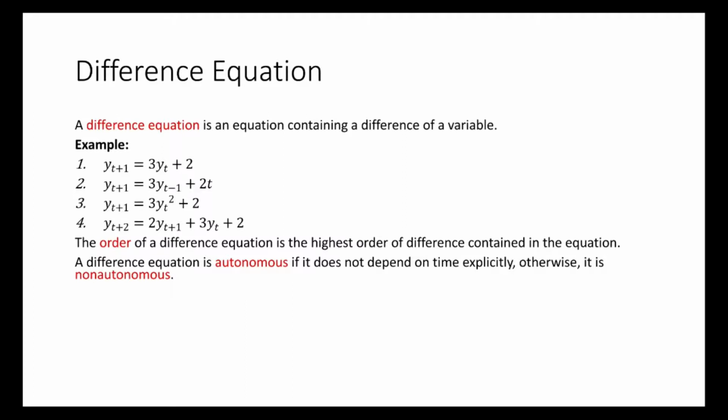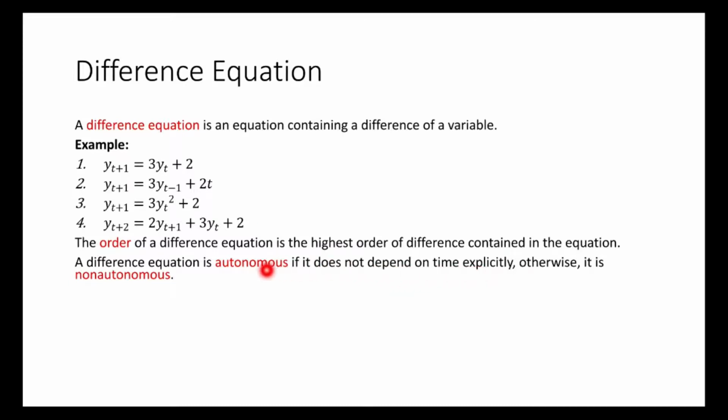We also have a different notion which we call autonomous and non-autonomous. What does autonomous mean? If the equation does not depend on time explicitly. The keyword is explicitly. So autonomous if the equation does not depend on time explicitly. If you see these examples, which one depends on time explicitly?